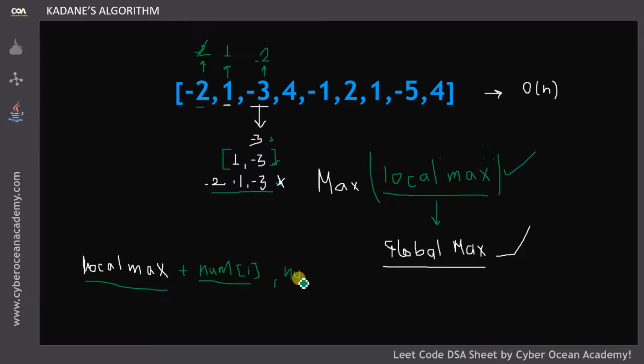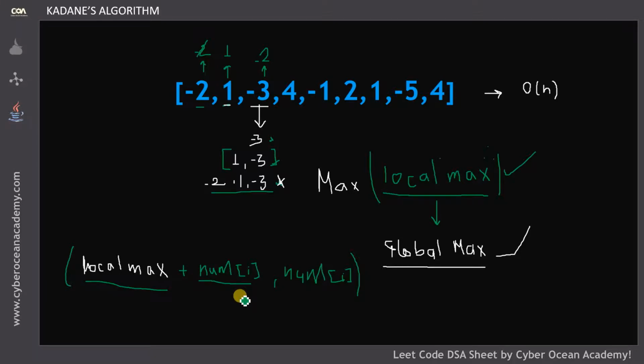So here nums of I is the current value at the index we are at right now. Either that value is the maximum, or the local maximum plus the current value, because maybe that is a negative value. So we have to find which is the maximum among these two values.